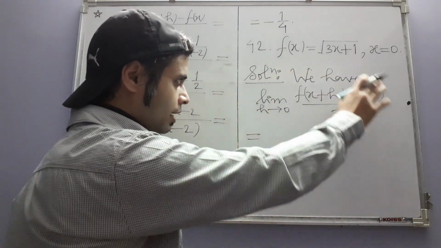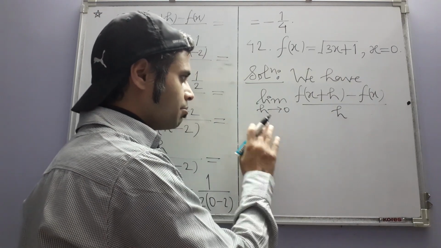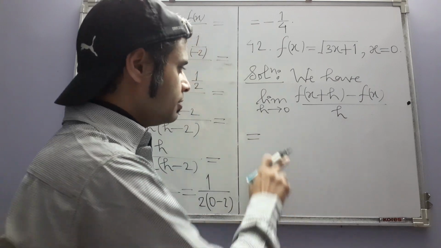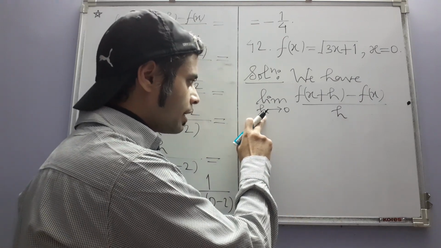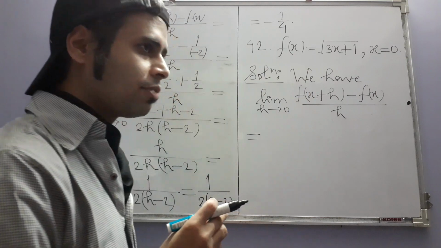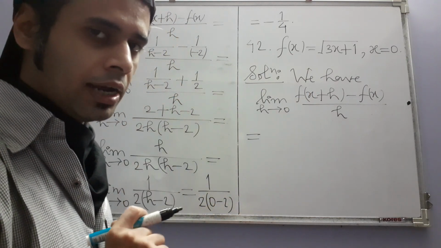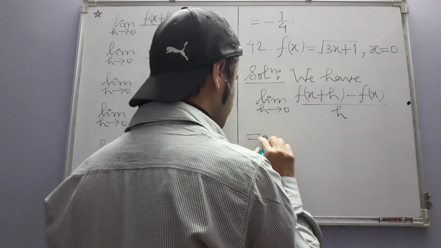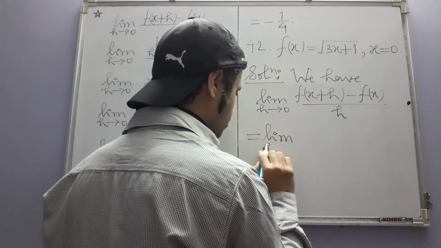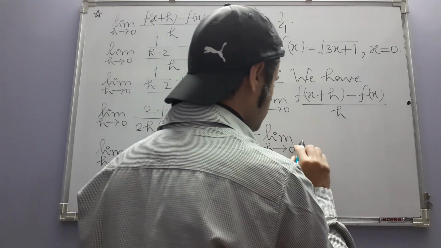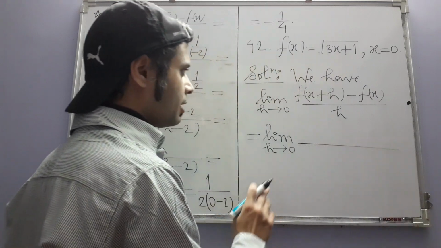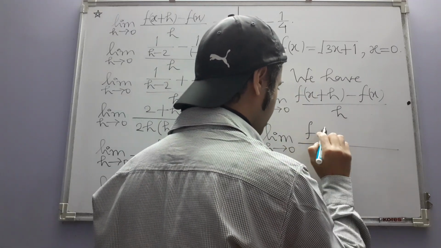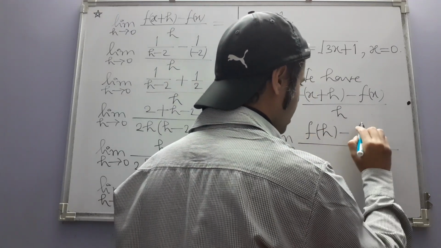Whenever you are writing this, please make sure that the variable of this limit is actually h, and although here x looks like a variable, x is a fixed value. For that h, x is fixed. And our x now here is 0. So let's just write that so that we will make fewer mistakes.